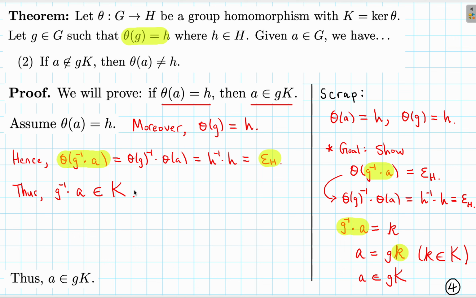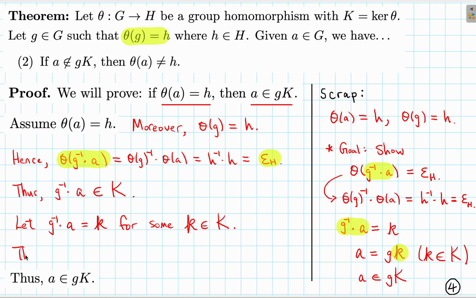Now let's finish up the proof as we did in the scrapbook here. So we can say, let g inverse times A equal little k for some little k in the kernel.